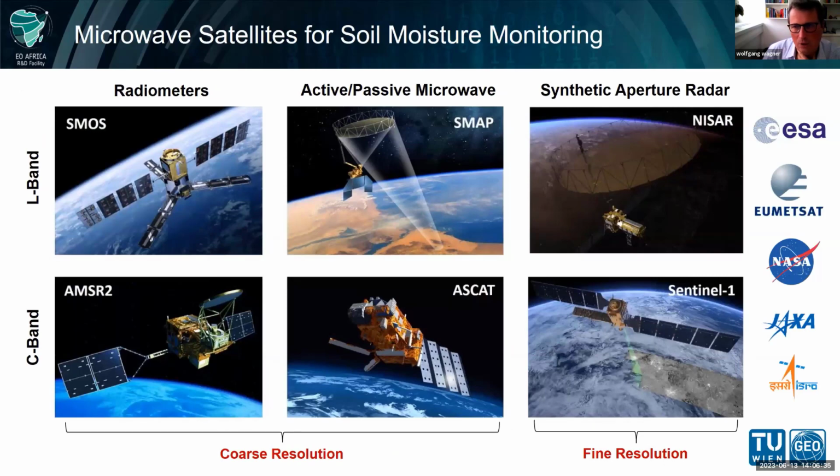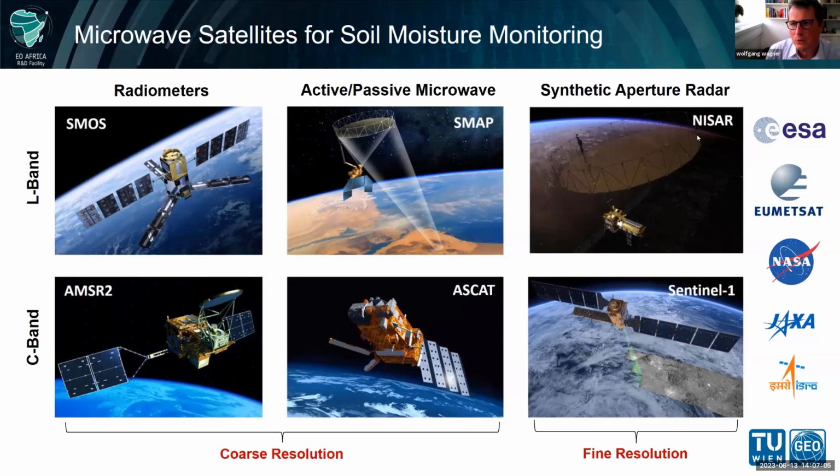Here's an overview of popular sensors, the C-band and L-band sensors. On top you have the SMOS sensor that was launched in 2009, which was the first sensor dedicated to the retrieval of soil moisture. Sometime later, I forgot the year when it was launched, came the SMAP sensor that is now delivering, since many years already, very good soil moisture products.